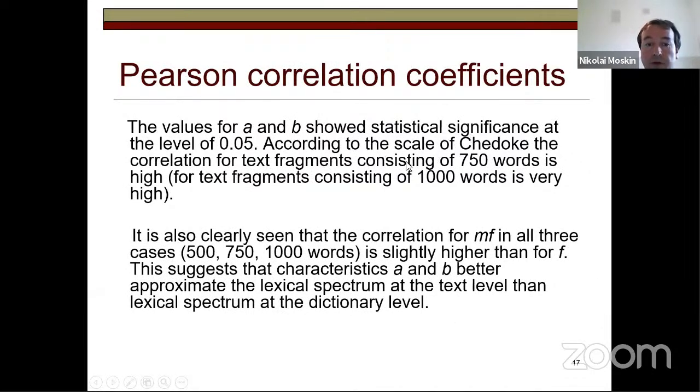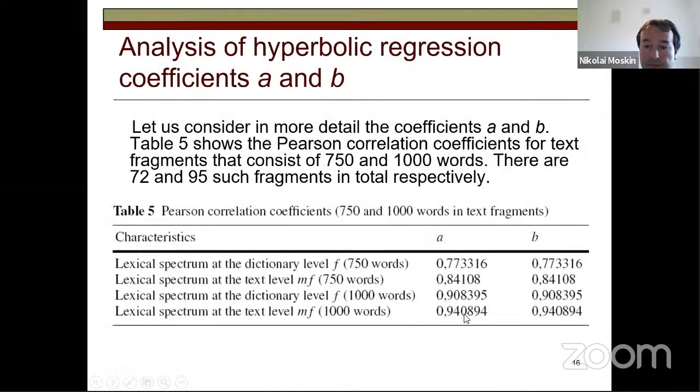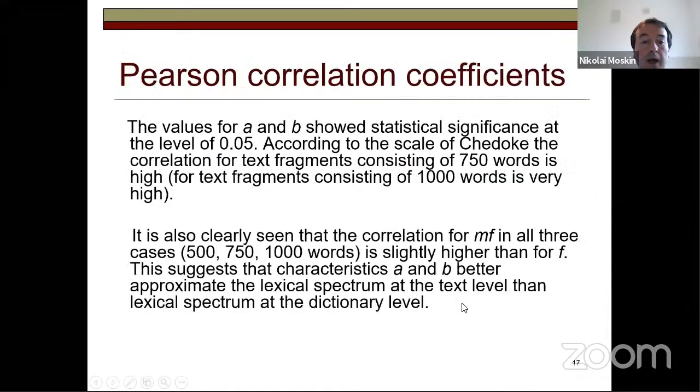According to the Chaddock scale, this correlation is high. For text fragments consisting of 1,000 words, it is very high. You can see high and very high. It is also clearly seen that the correlation for MF in all three cases is slightly higher than for F. This suggests that characteristics A and B better approximate the lexical spectrum at the text level than the lexical spectrum at the dictionary level.